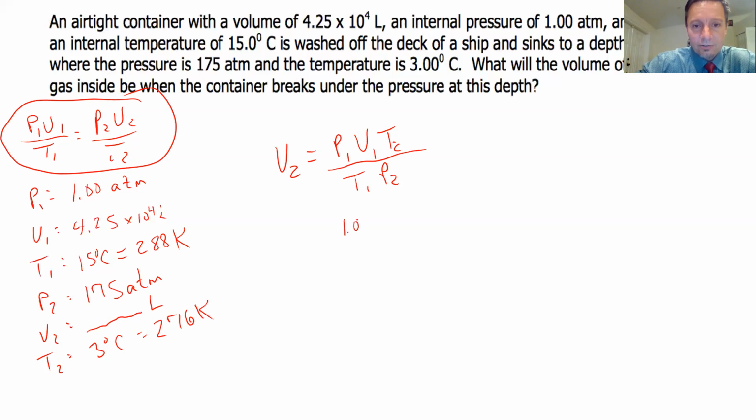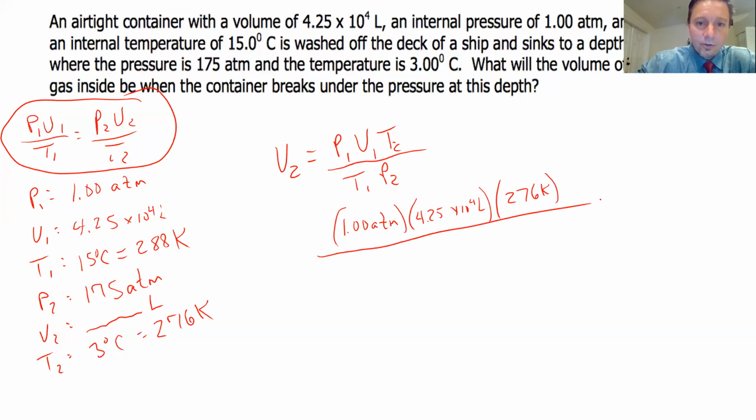So I have 1.00 atmospheres, I have my 4.25 times 10 to the 4th liters, I have my T2, which is 276 Kelvin, my temperature 1, which is 288 Kelvin, and then my pressure 2, which is 175 atmospheres.